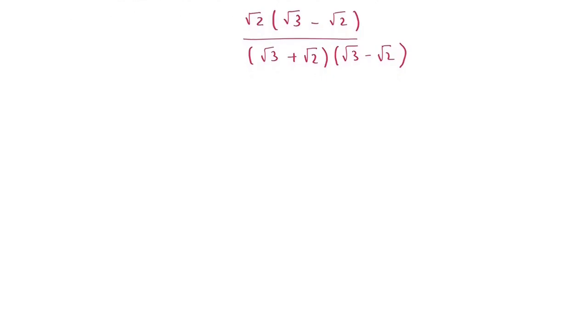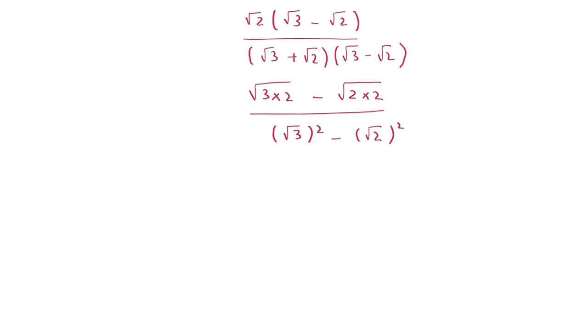This is going to be √3 times 2 minus √2 times 2 over (√3)² minus (√2)².